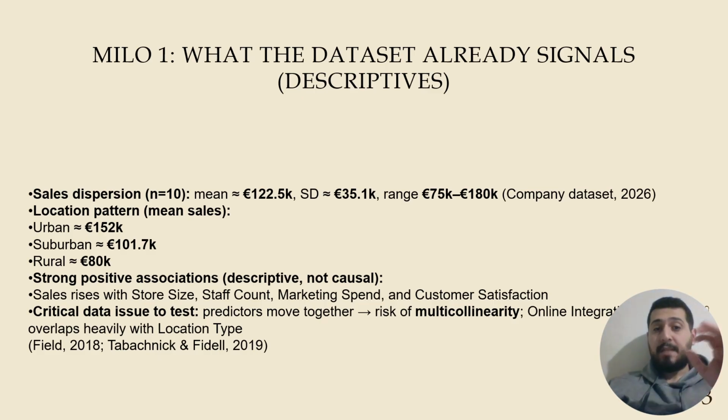When we split by location type, urban stores average roughly 152,000 euros, suburban stores about 101,000, and rural stores around 80,000. That pattern suggests location context matters, potentially through differences in demand density, customer flow, and competitive dynamics.